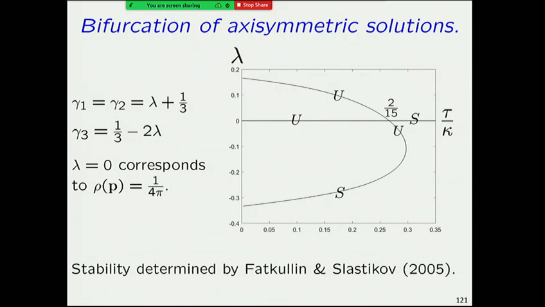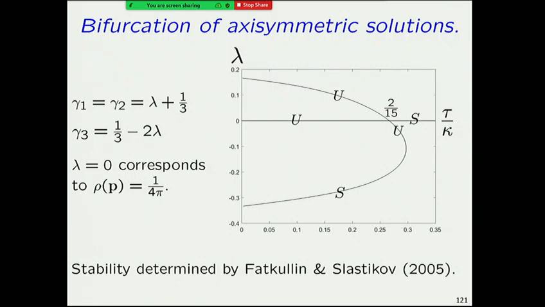So now we know that all the equilibria are axisymmetric, so they have to satisfy that 2 of the gamma i's are equal. So suppose gamma 1 and gamma 2 are lambda plus a third, so gamma 3 is a third minus 2 lambda. And I'm plotting lambda vertically against the temperature, which is effectively tau over kappa.